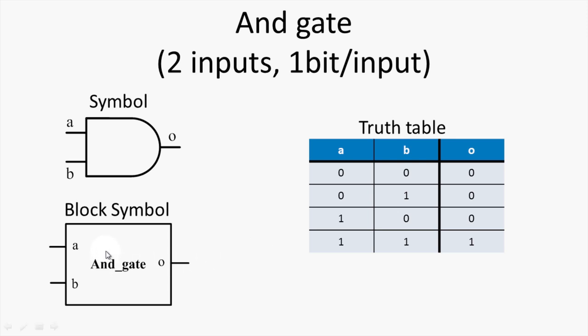So we're going to encapsulate it into a bigger component. And that entity is going to have A and B as inputs and O as an output. Generally, when we create entities, we create more logic. But for this simple example, we're basically going to put only an AND gate into the component itself.